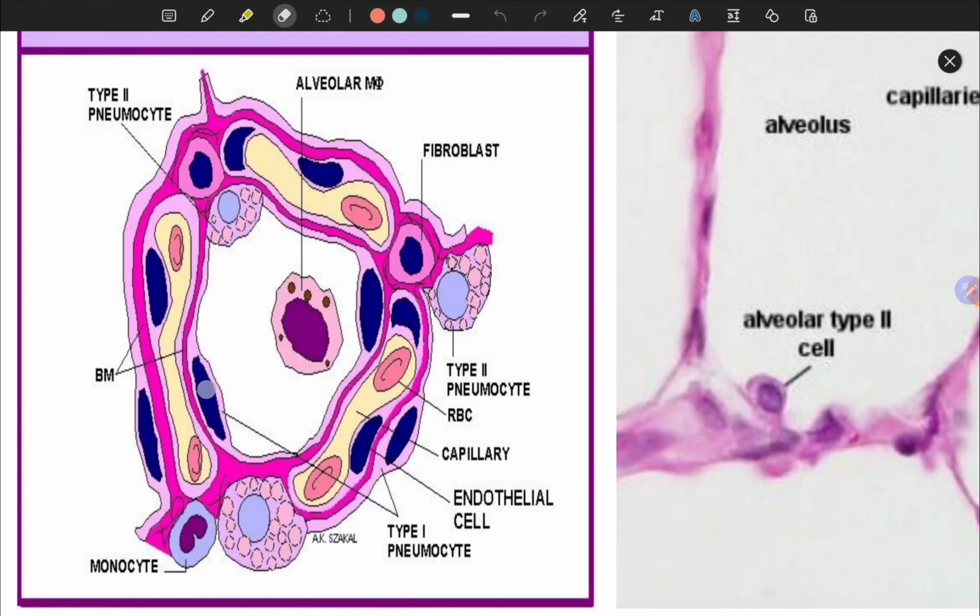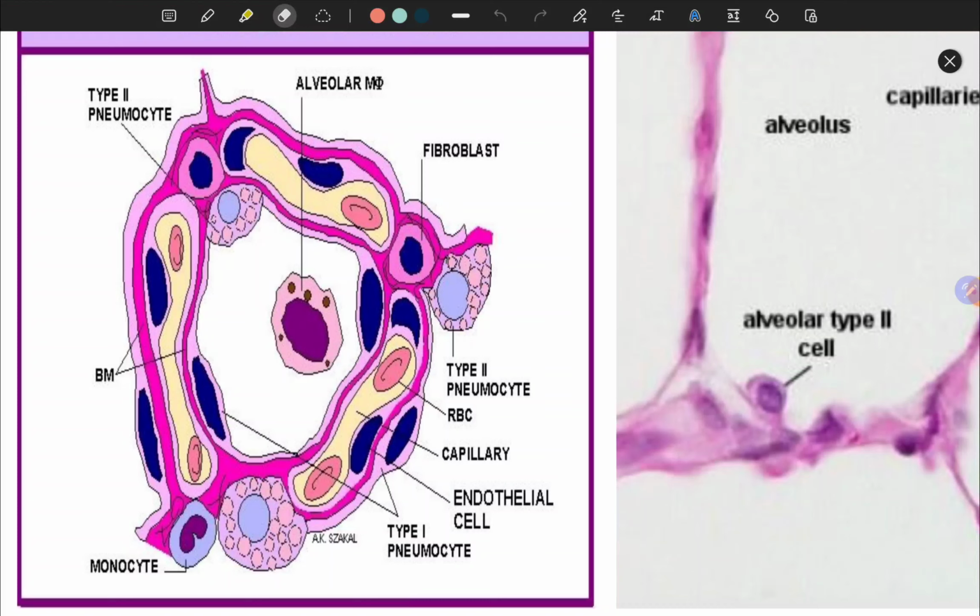Very thin, attenuated, simple squamous epithelium, and usually because the diameter of the alveolus is small, it has mainly only two cells, or sometimes one cell, of the thin attenuated simple squamous epithelium, as we see here. So this is the nucleus of one cell, and this is the nucleus of another cell.